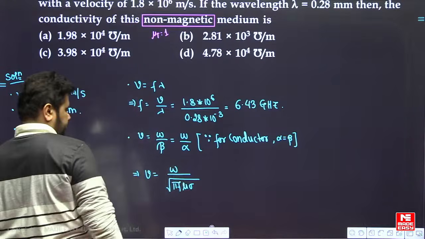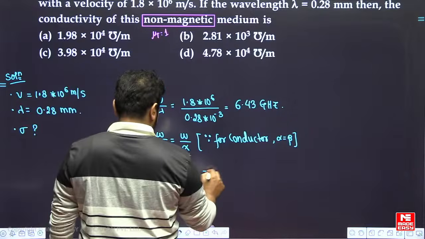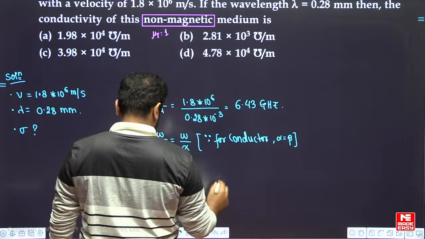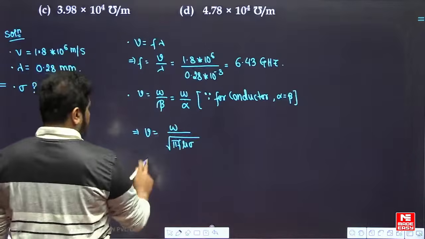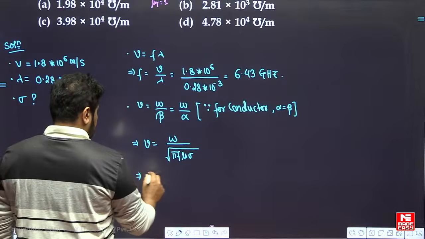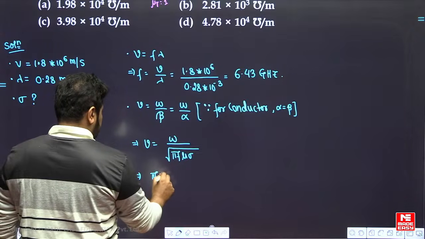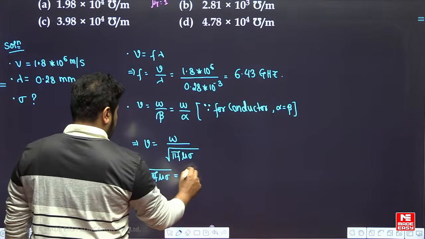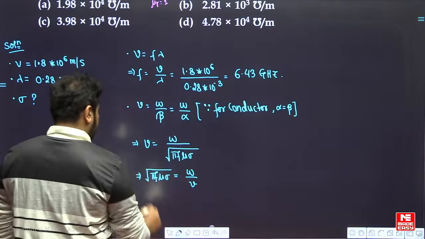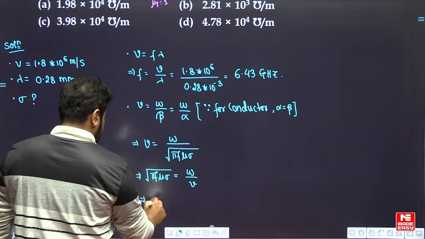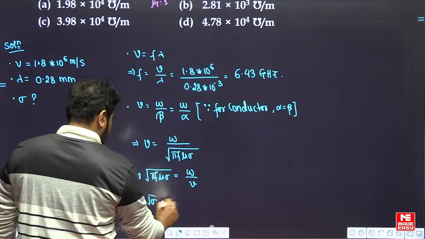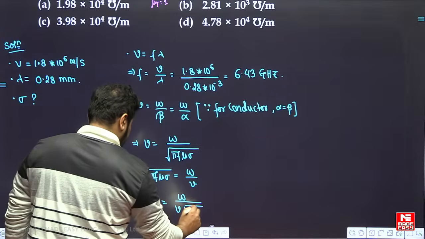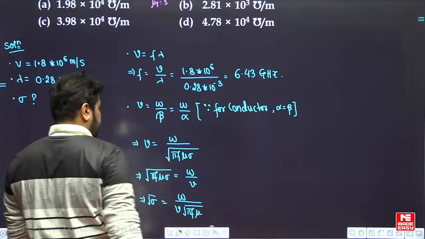Conductivity they are asking. So root of pi f mu sigma is equal to omega upon v, therefore root of sigma is equal to omega upon v root under pi f mu.